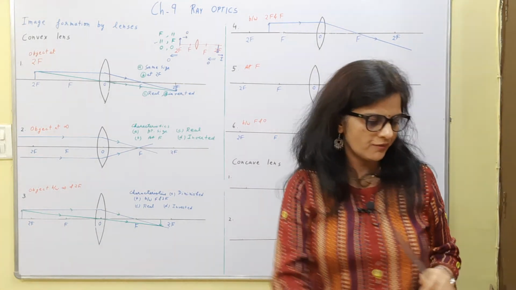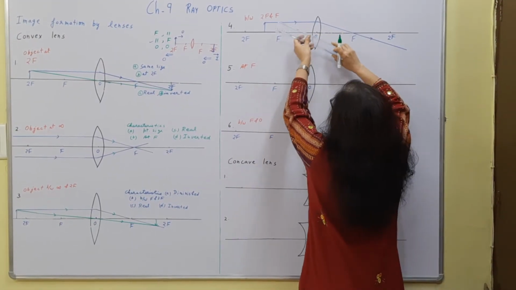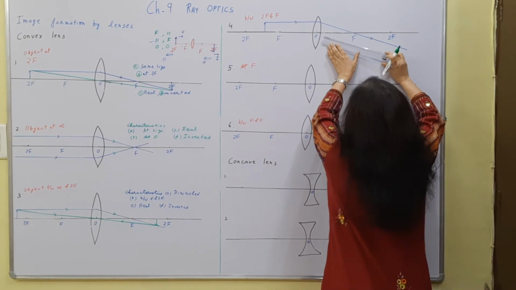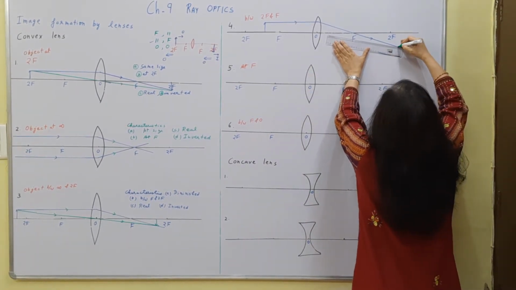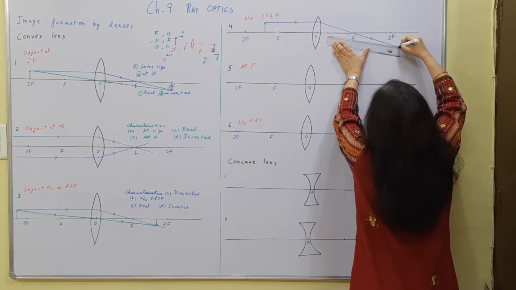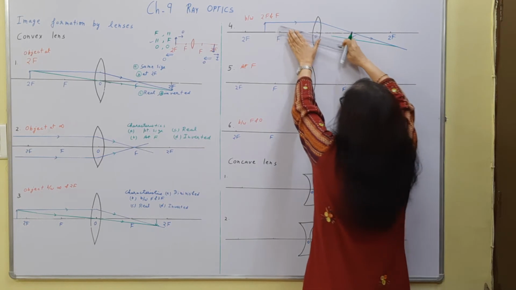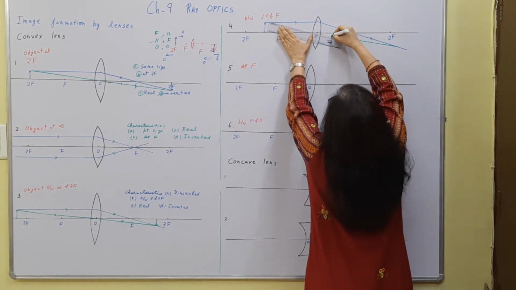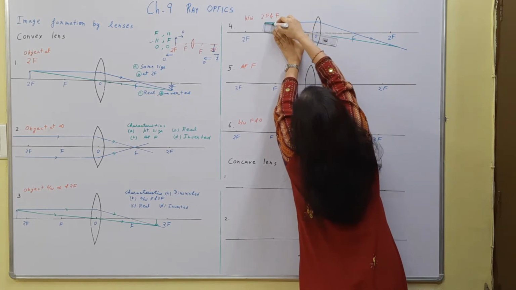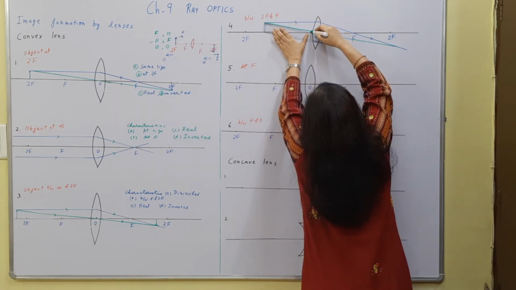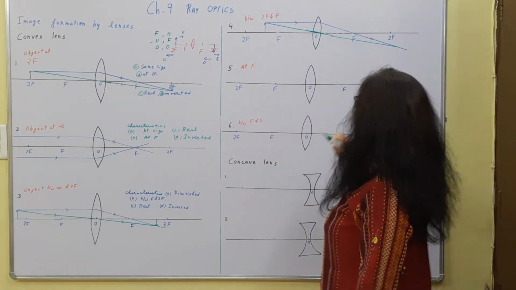Second ray, which one can we take? We can take this one, the one which is passing through the optical center, and we know that we have to form the image according to that, beyond 2F. Though it will form at the right position even if you are not doing this, from the result, when you are taking all the measurements properly for 2F and F, right?